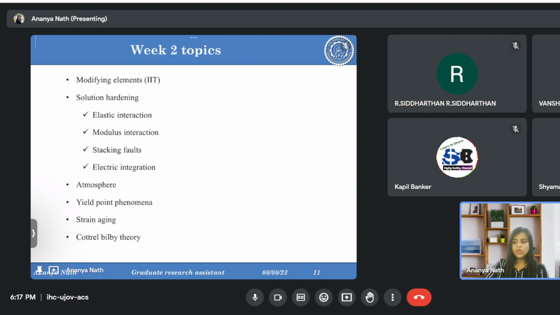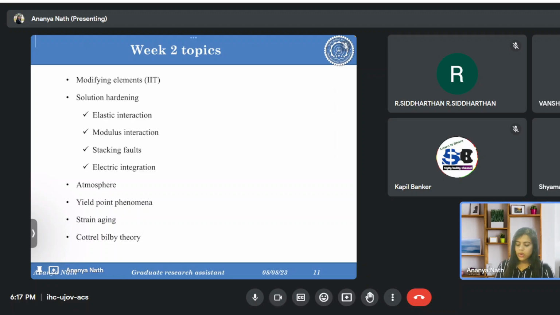Week 2 topics were first the modifying element using this impurity induced theorem. Next we learned about solution hardening, and using 4 different methods we learned about solution hardening: elastic interaction, modulus interaction, stacking faults and electrical interactions.